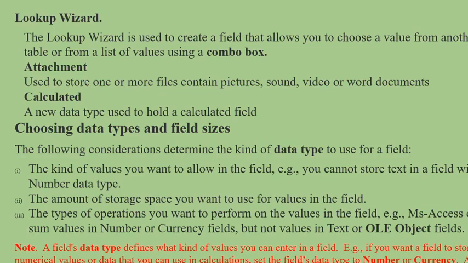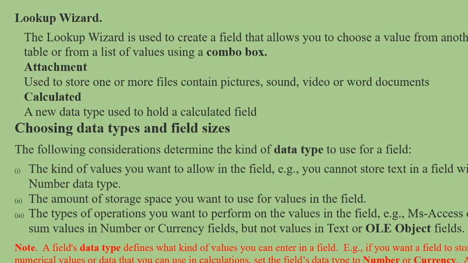Then, what do you consider when choosing data types and field sizes? The following considerations determine the kind of data type to be used for a field. Number one, the kind of values you want to allow in the field. For example, you cannot store text in a field with a number data type. Number two, the amount of storage space you want to use for the value in the field.